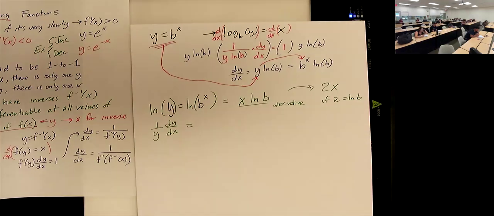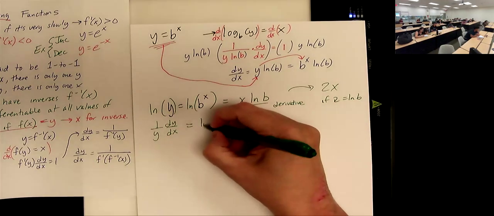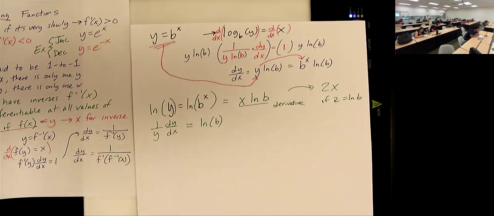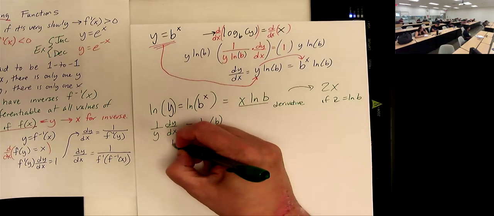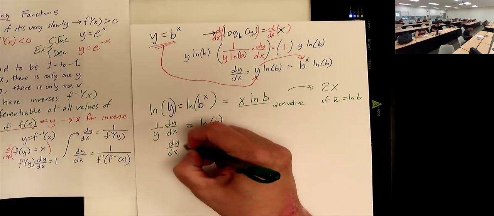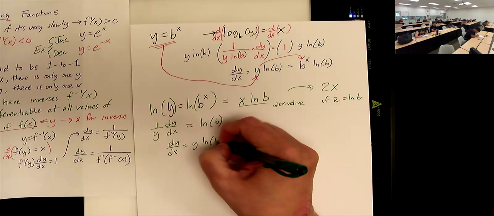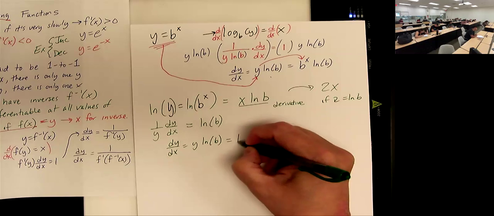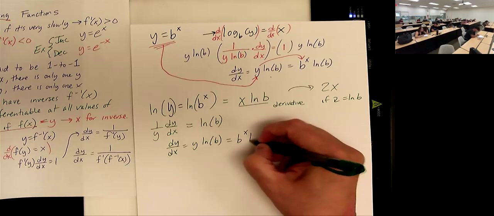So we're just taking the derivative of x, which is 1, it's just going to leave the right side as the natural log of b. And we clear the fractions, we get dy dx equals y times the natural log of b, which is what we had up here. And we get b to the x times natural log of b.